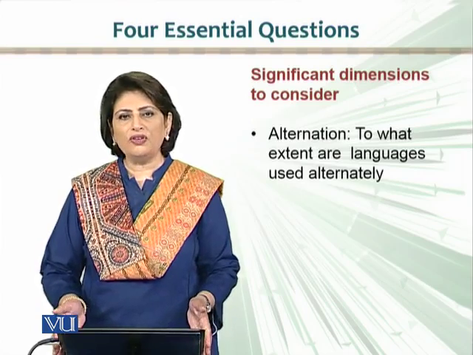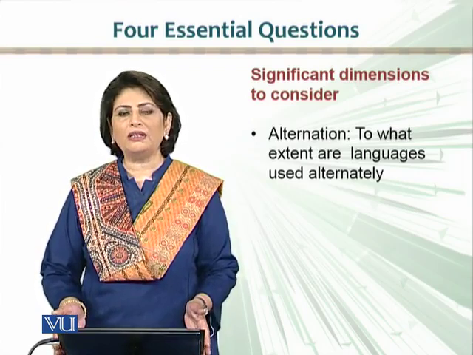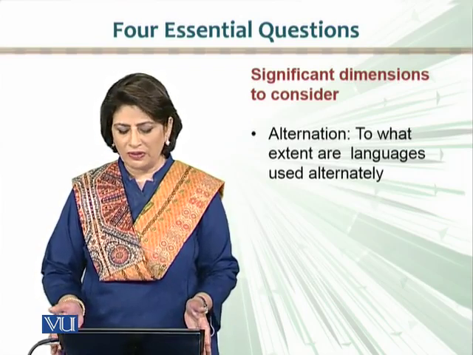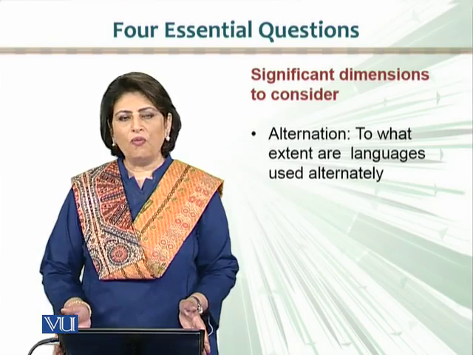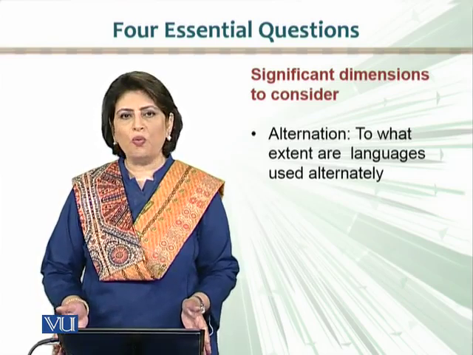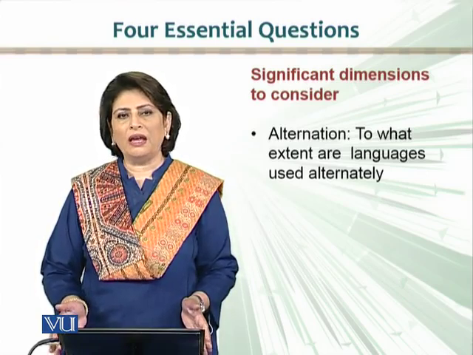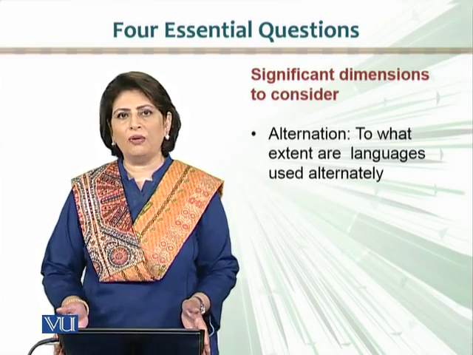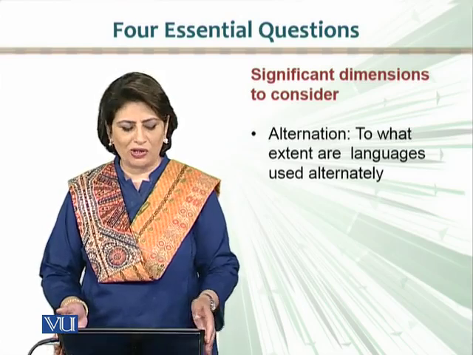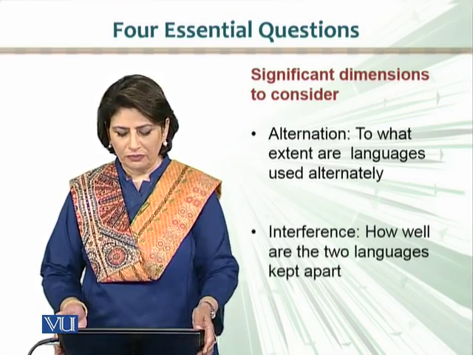Then the question that we need to address, and we will address it in terms of understanding it more, is alternation. To what extent are languages shifted between, or how much or how less does code switching occur?